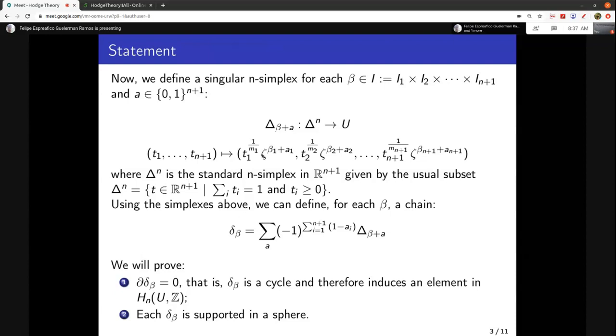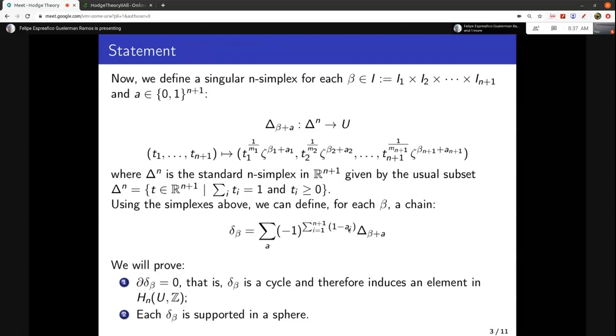And then after defining the simplices, we can define for each beta a chain, which is just the sum of delta beta plus A, with a sign which is determined by this sum here. What is this actually? This is just the number of zeros in the string A, right?